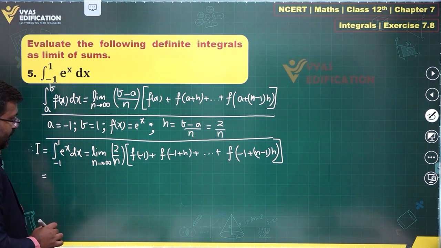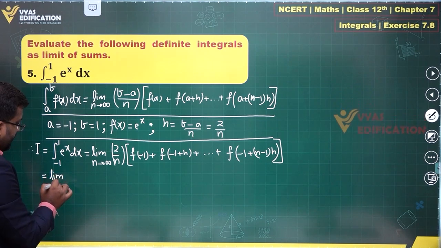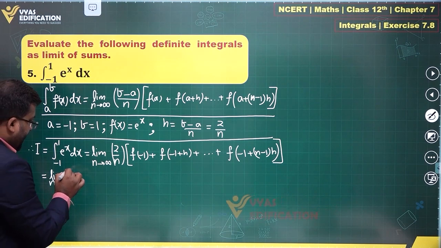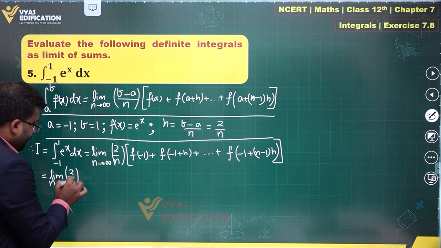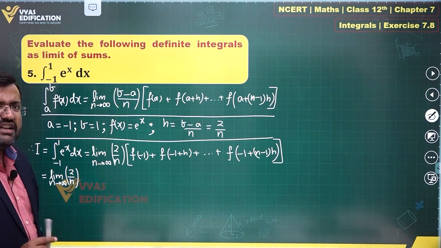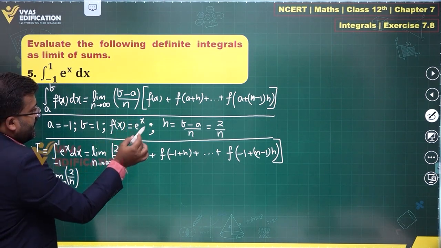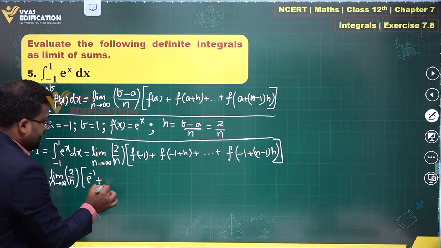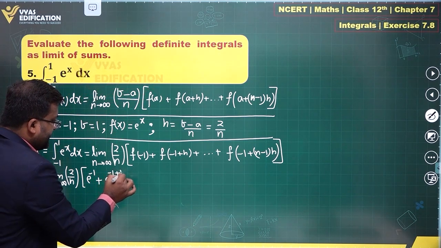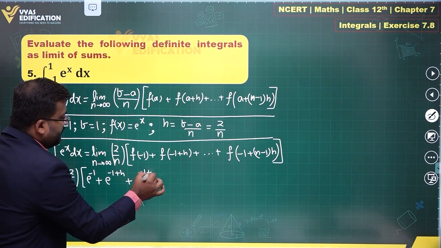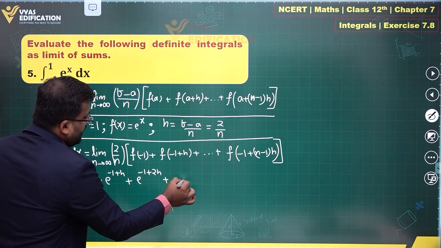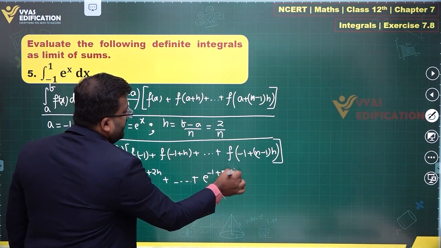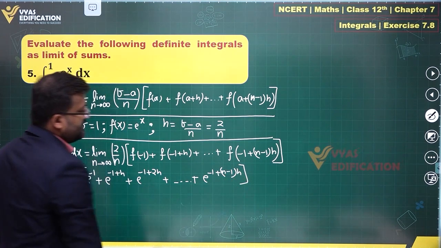So this now becomes equal to the limit as n tends to infinity, 2 by n remains as it is, and f(-1). Now f(-1) is equal to what? f(-1) will be e power -1 in the bracket, plus e power (-1 plus h), plus e power (-1 plus 2h), plus dot dot dot, and similarly e power (-1 plus (n minus 1)h).